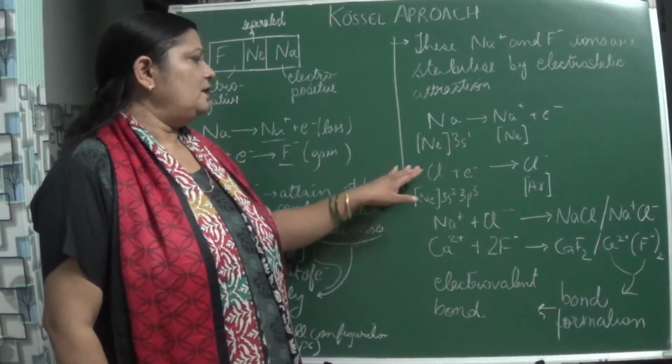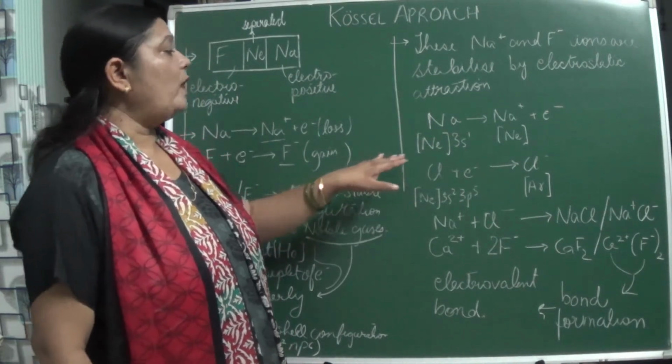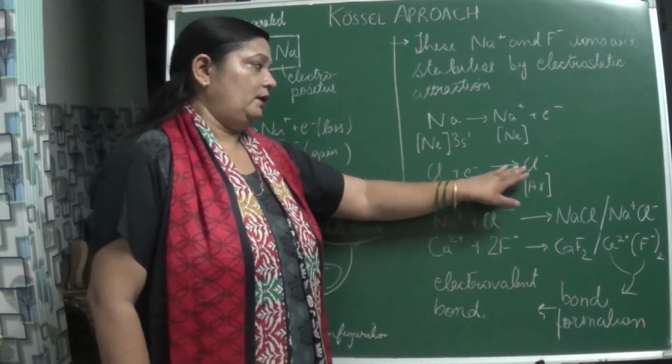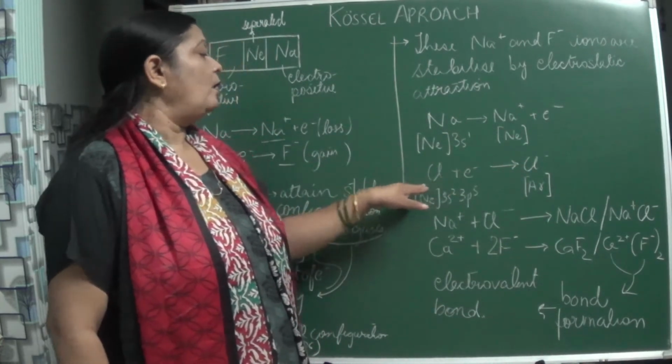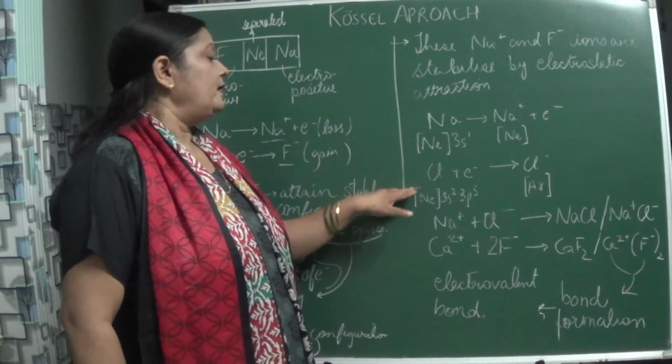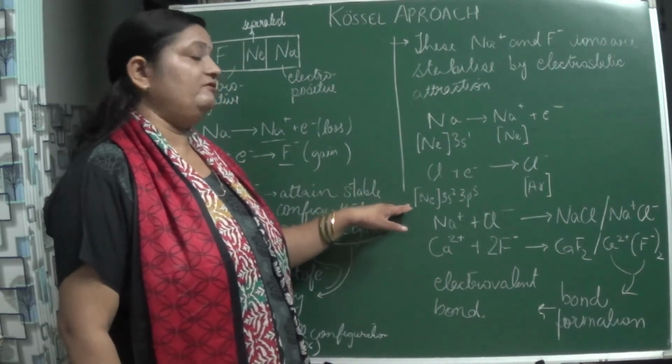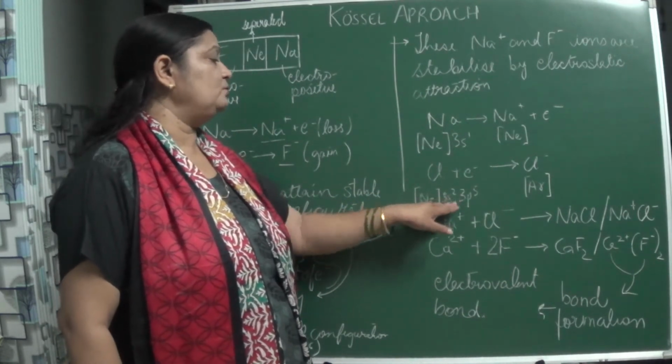Now chlorine takes 1 electron and a negative charge comes on chlorine. We can express the electronic configuration of chlorine as neon 3s2 3p5.